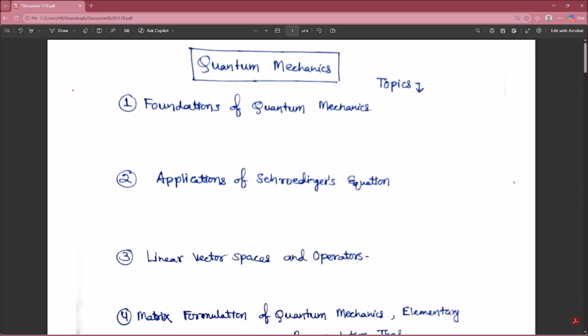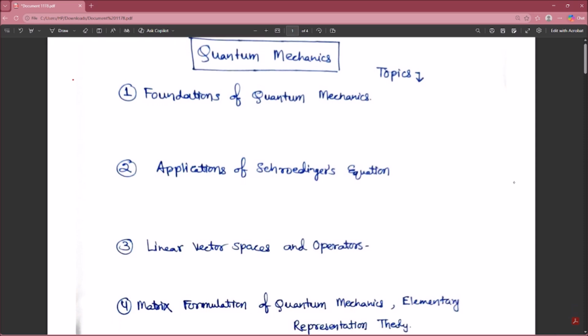So the first topic is the foundation of quantum mechanics. In this foundation of quantum mechanics, we will see what the importance of quantum mechanics is, and why we need quantum mechanics apart from classical mechanics.